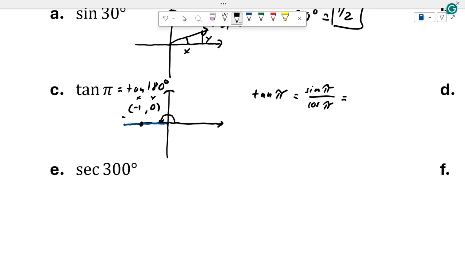Another thing that we need to know here is that sine is my y coordinate, and cosine is my x coordinate. So my y coordinate at pi is 0, and my x coordinate at pi is -1. So I've got 0 divided by -1, which is 0. So the tangent of pi equals 0.